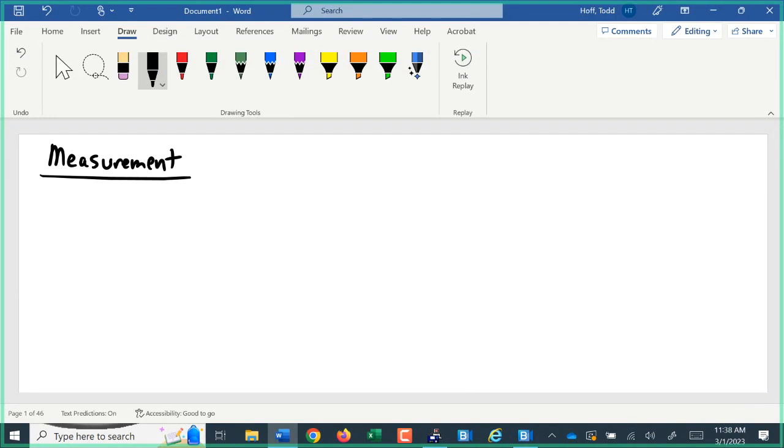So today we're going to talk about some of the units and a little bit about how we convert from one unit to another. So we're going to start out talking about standard or customary units. We changed over to that name of customary because they really aren't standard.